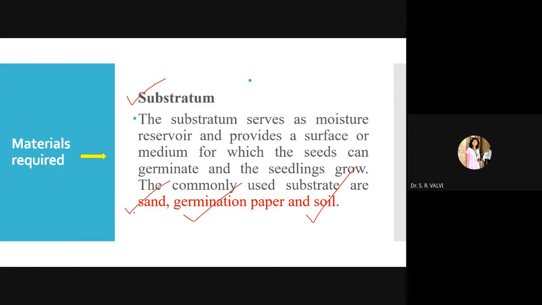If you want to take sand, then the requirements are different, the water requirement is different, and how to sow the seeds is different. According to the substratum, your requirement and the way you grow the seeds in it is also different. So let's begin with sand first.